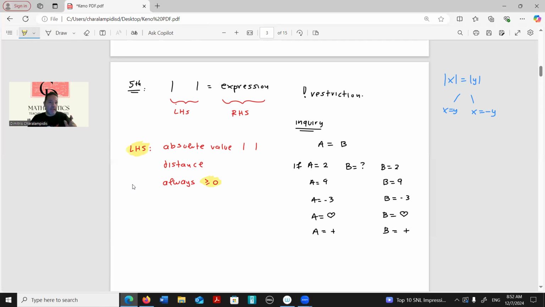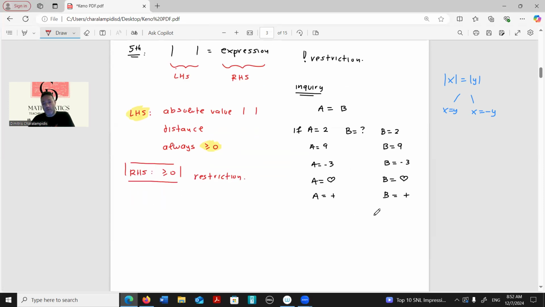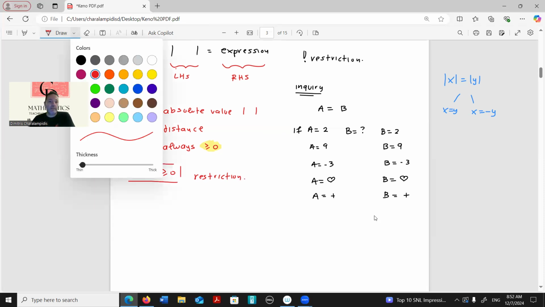But if the left-hand side and the right-hand side are equal, by fact, we were presented with that, and the left-hand side is greater or equal than 0, won't this make the right-hand side as well greater or equal than 0? And this here would be our restriction. We will find that, and then we will, let me write that.